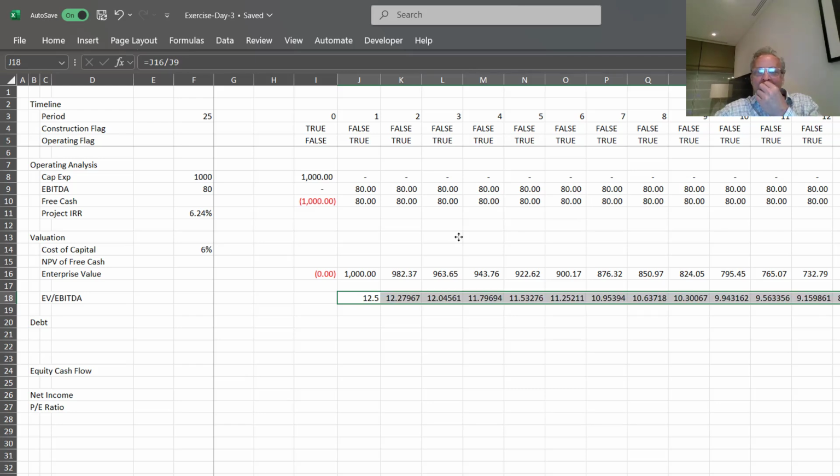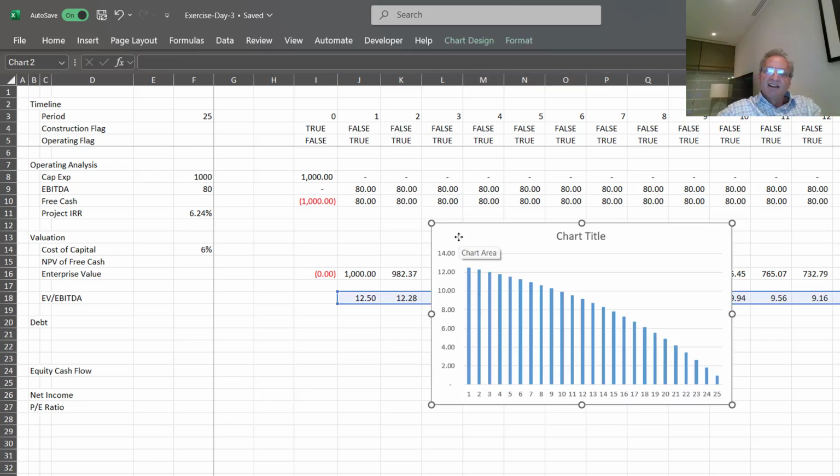And now, unlike the other one, if I press alt and F1 again, we see that the EV to EBITDA goes down just like the value. And if we have a brand new asset, so if we have really old assets, our EV to EBITDA should be really low because we're going to have to replace them. If we just put something into service right now, our value should be up.